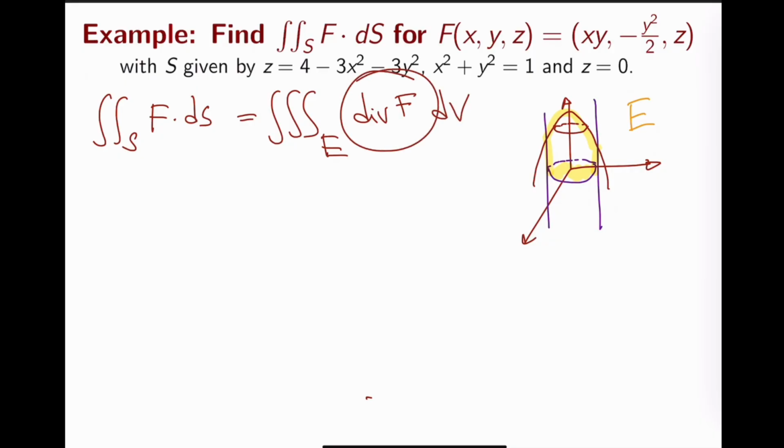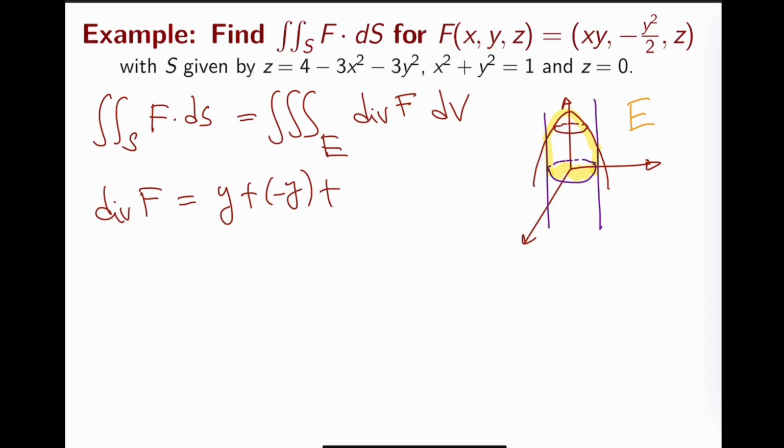In order to do that, first we need to calculate the divergence. Remember that the divergence of a vector field is just the addition of the partial derivatives. So the partial derivative with respect to x is just y, plus the derivative with respect to y, which is minus 2y over 2, so just minus y, plus the derivative of z with respect to z, which is just 1.